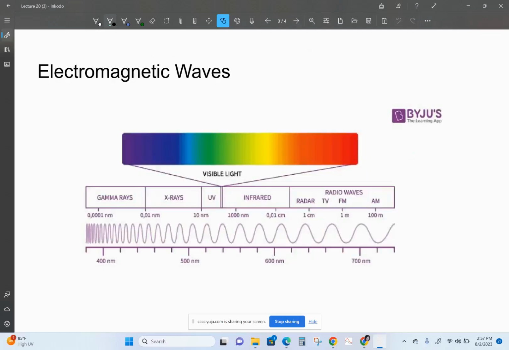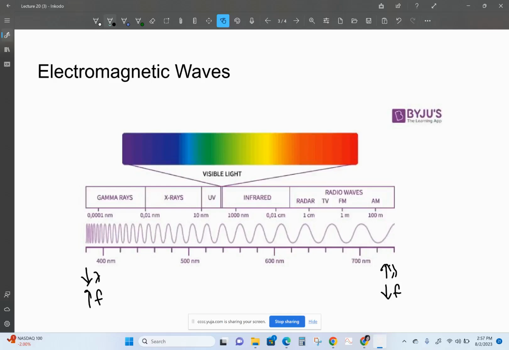Now, there are several electromagnetic waves, and you should know them in order from smaller wavelength to larger wavelength, or vice versa. And remember that wavelength and frequency are inversely proportional, back to when we talked about waves. So if you have a small wavelength, then you have a high frequency. And if you have a large wavelength, you have a low frequency.